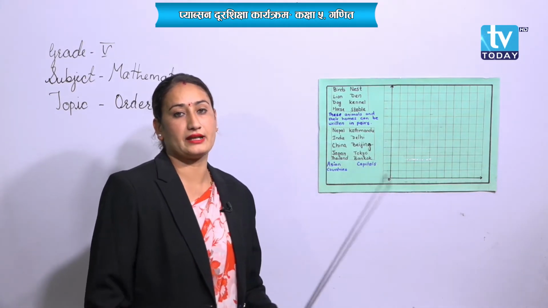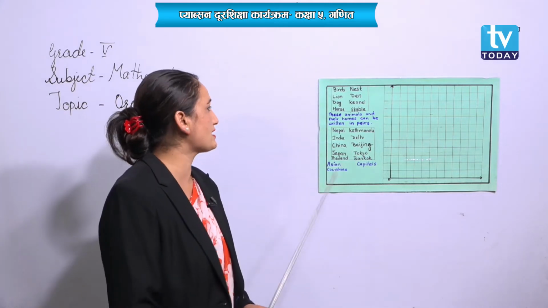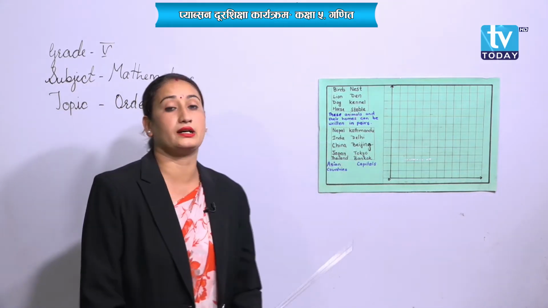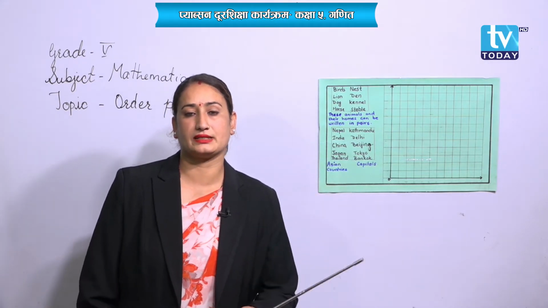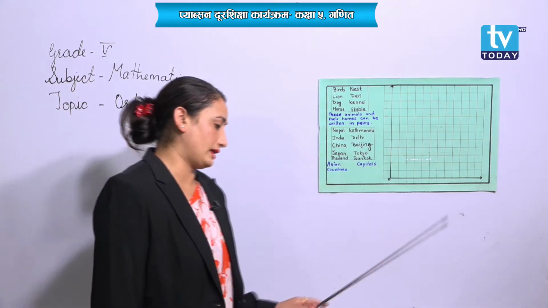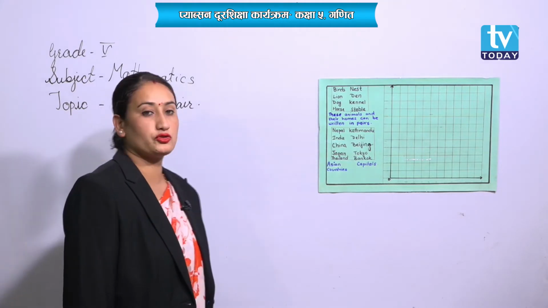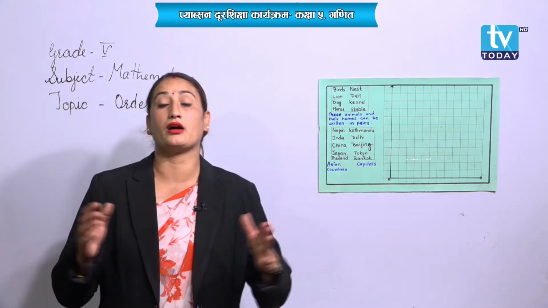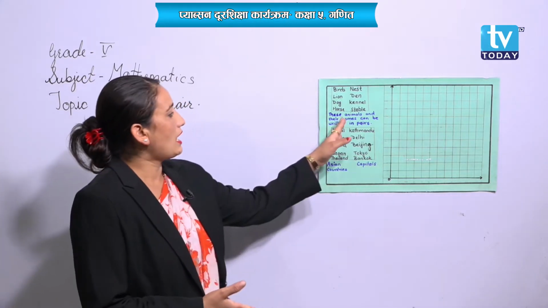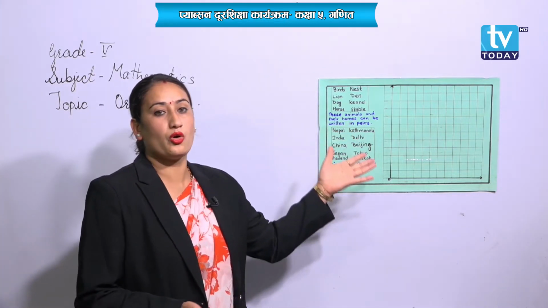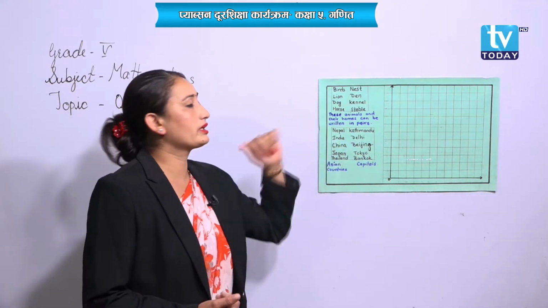Before the graph, I just want to revise how to write the ordered pair, which we have done in previous classes. First you have to know how to make an ordered pair if animals and their homes are given.